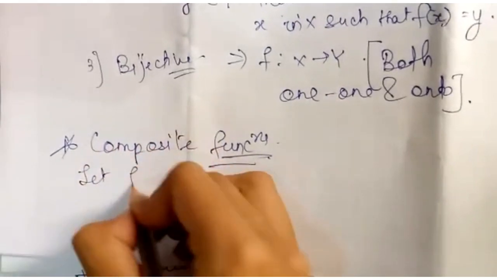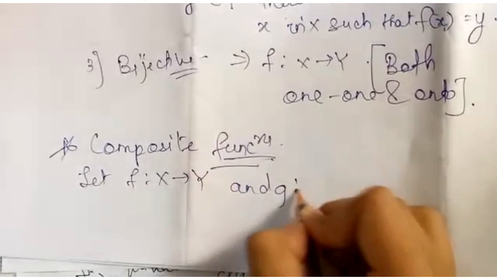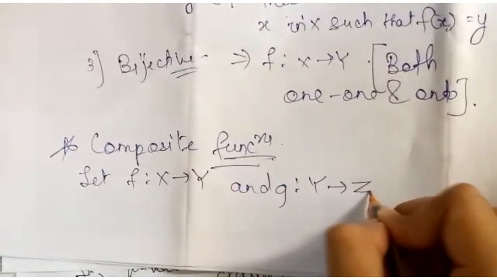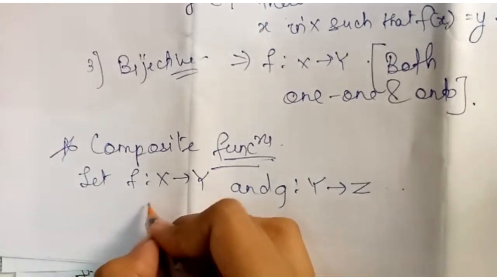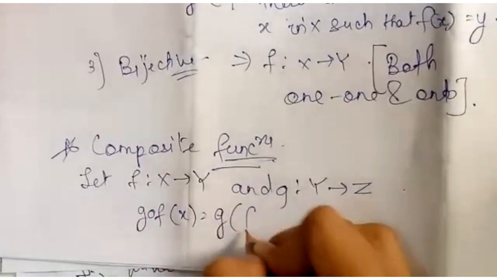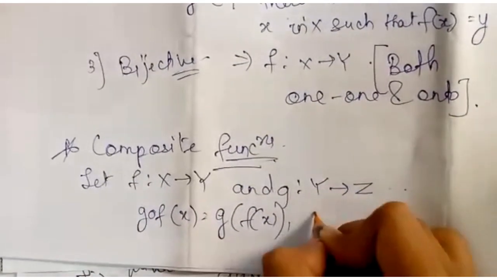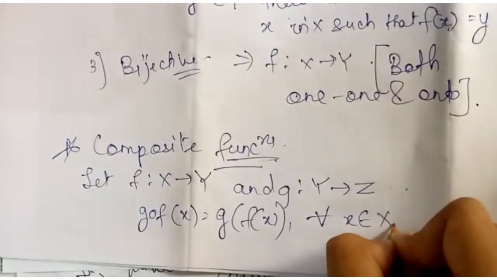Let f from x to y and g from y to z be two functions. Then the composition of these functions f and g is a function from x to z denoted by g of f, where g of f of x is equal to g of f of x for every element x belonging to x.